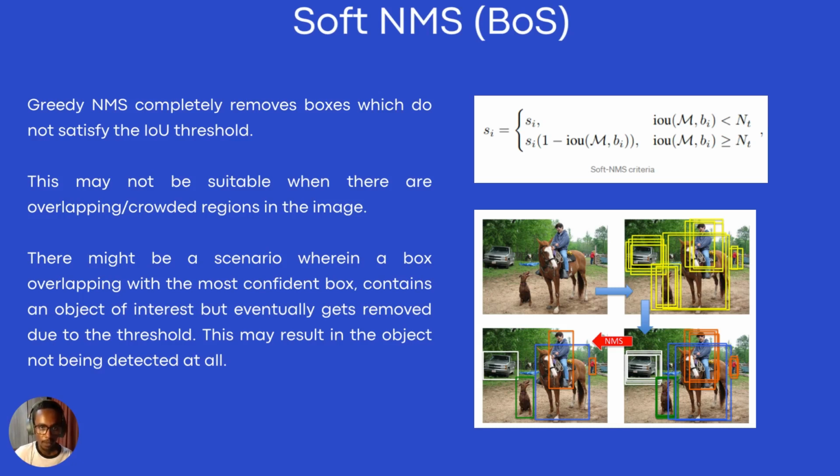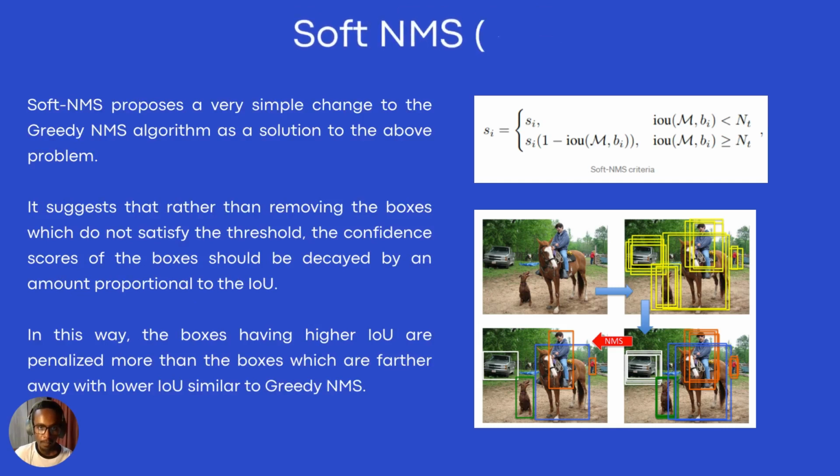So soft NMS slightly modifies the greedy NMS. On the previous one, we have 0 when the IOU was greater than the threshold. But now, the soft NMS proposes a very simple change to the greedy NMS in that it suggests that rather than removing the boxes which do not satisfy the threshold by giving a value of 0, the confidence scores of the boxes should be decayed by an amount proportional to the IOU.